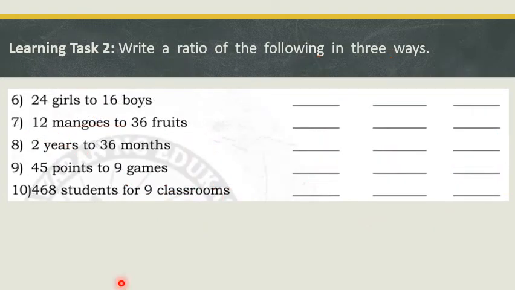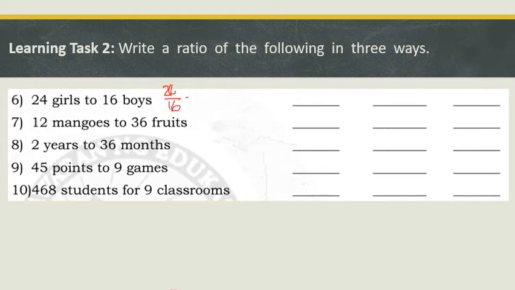So, for number 6, we have 24 girls to 16 boys. So, paano po ito? Kahit sila ay magkaiba ng unit, hindi natin pwedeng ipagkatulad yung girls at saka boys. So, as is na po siya. Ngayon, kung girls to boys na po ito, so magiging 24 is to 16.